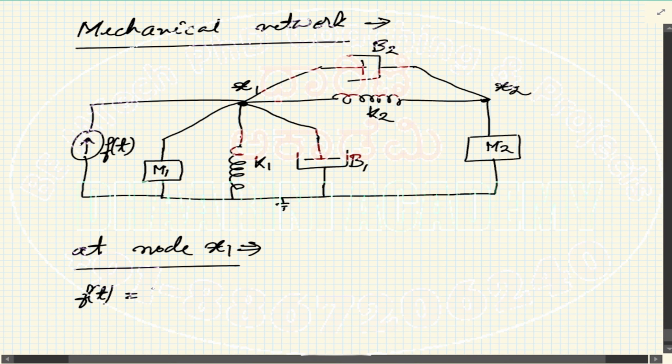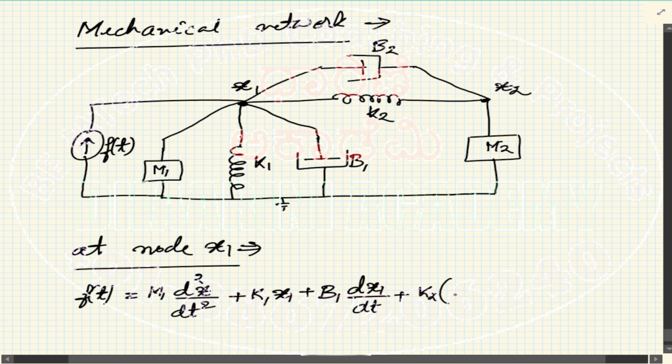On the other side, I write the first component, m1, whose response is m1 d square x1 by dt square, plus k1 into x1, plus b1 dx1 by dt, plus the k2 connected between two nodes, k2 into x1 minus x2, plus b2, which is in terms of differentiation, so d by dt of x1 minus x2.